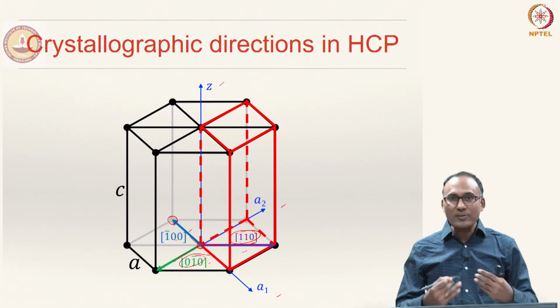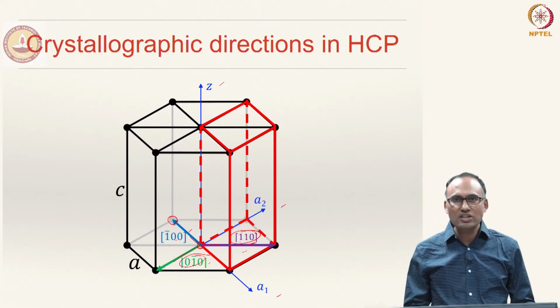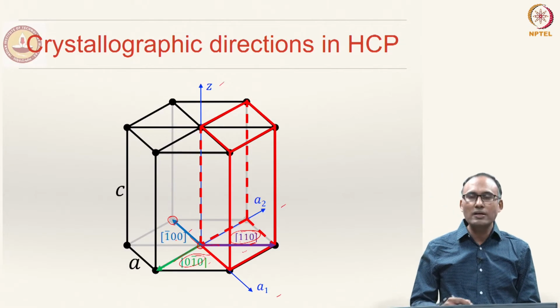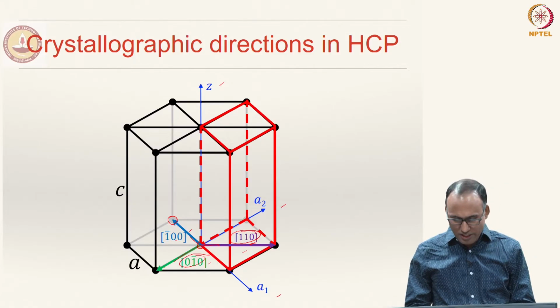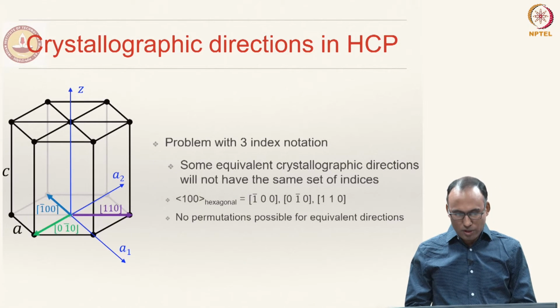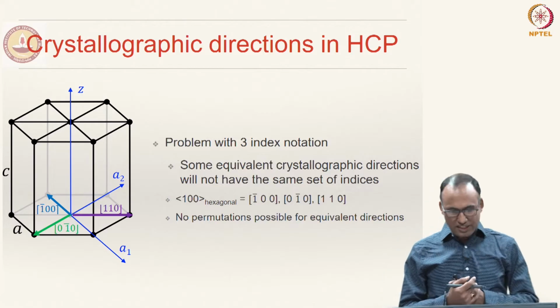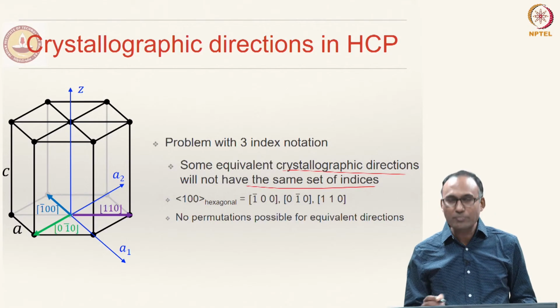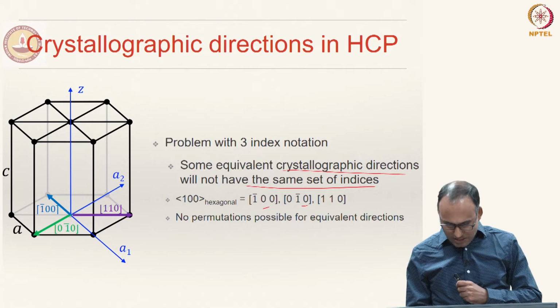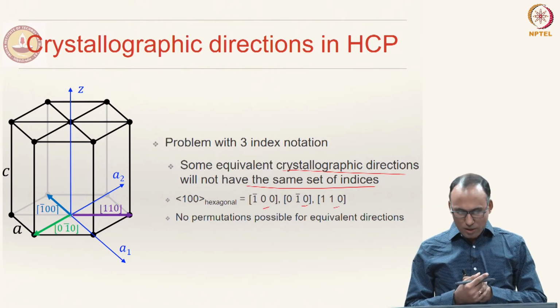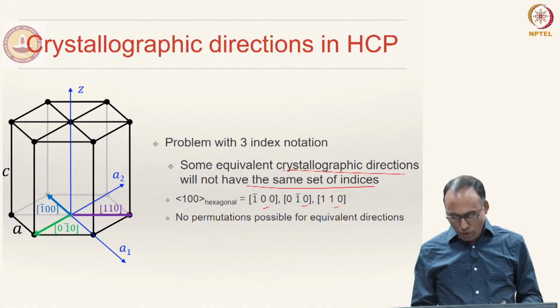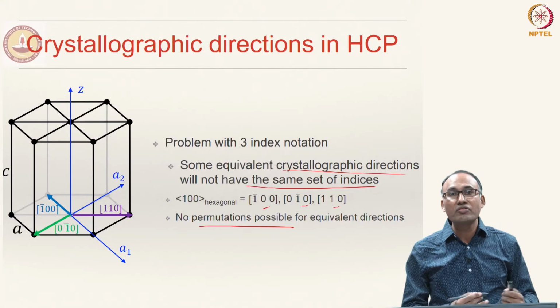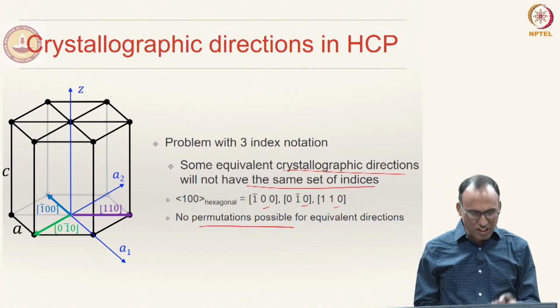That is how the representation of equivalent directions breaks down. This is the problem with the 3 index notation, because some of the equivalent crystallographic directions will not have the same set of indices, like these 3. That means permutations are not possible for equivalent directions if you are using such a definition with A1, A2 and A3.